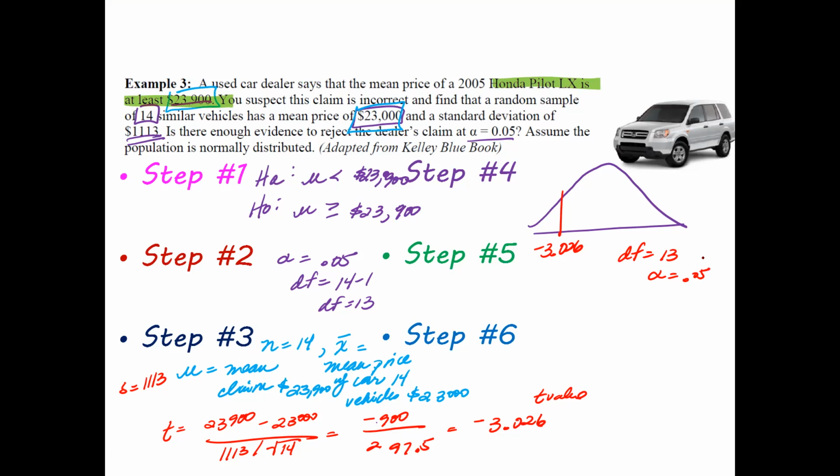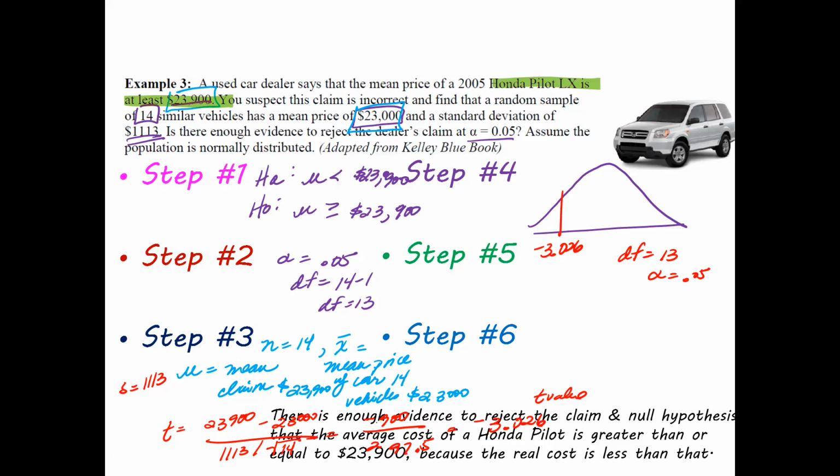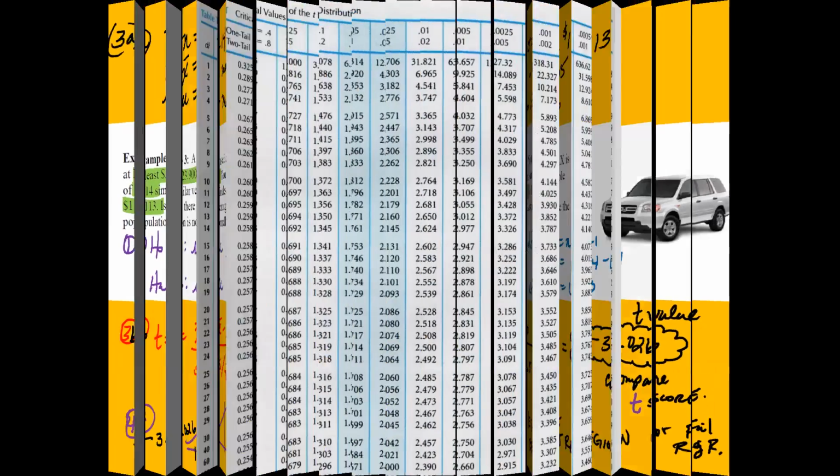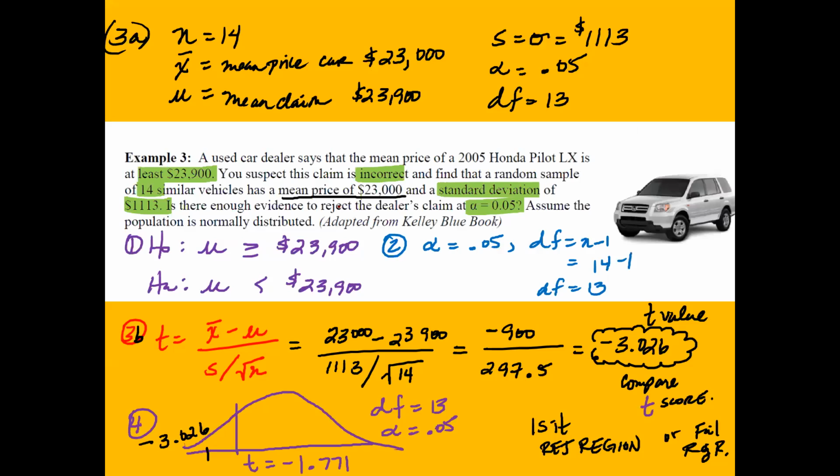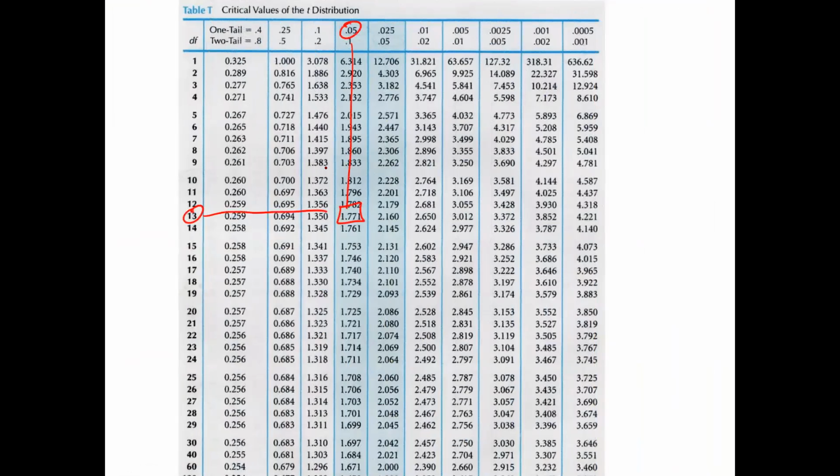So let's go ahead and take a look to see where this is going to be. So at 0.05, degree of freedom of 13, I know that this is just one-tailed. It is going to be at 1.771. And also it's negative because it's on the left side. So negative 1.771.